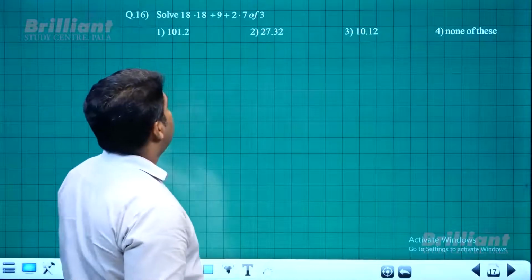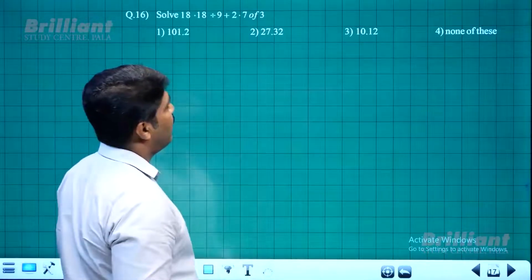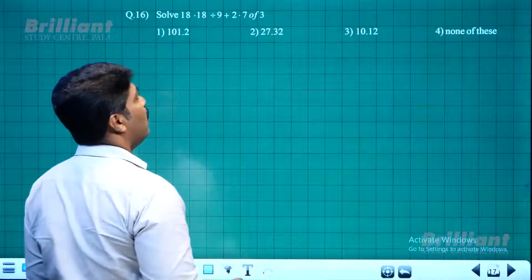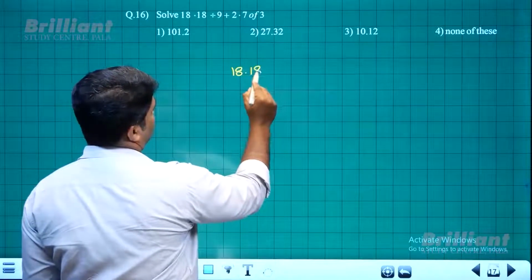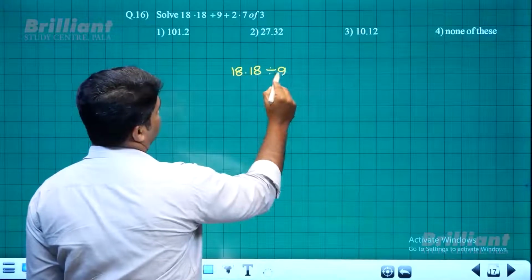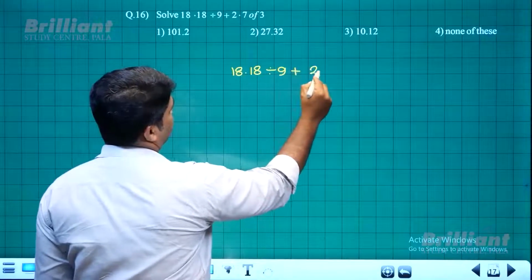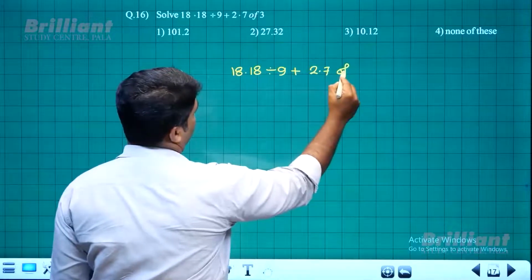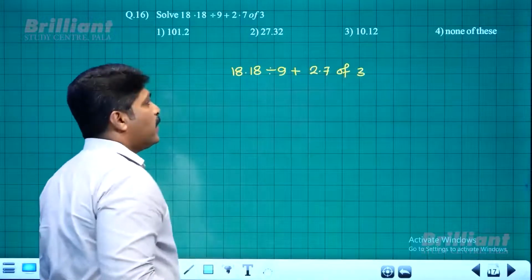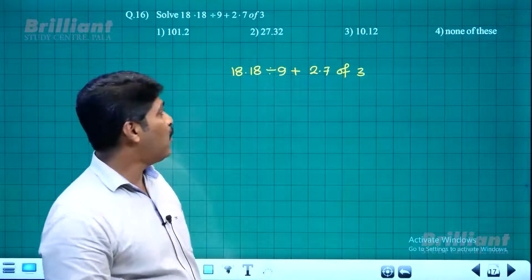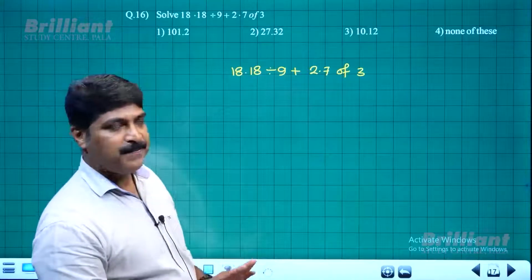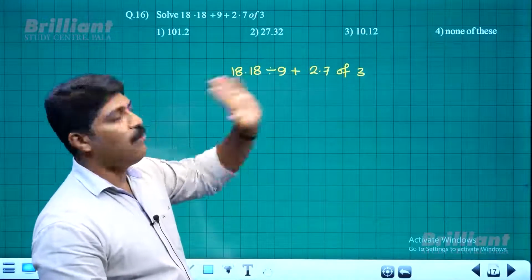18.18 divided by 9 plus 2.7 of 3. So 18.18 divided by 9 plus 2.7 of 3. Here we have 3 operations. Which are they? The first one is division, the second addition, the third of.